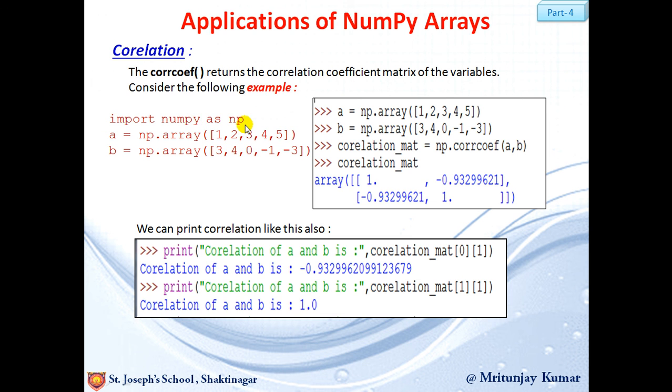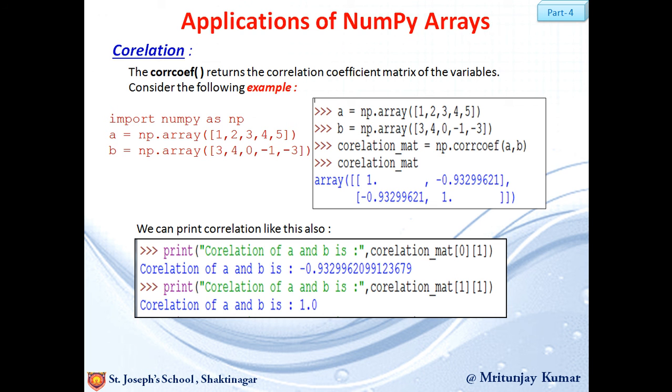Import NumPy as np, a is equal to np.array. There are 5 elements here. In the second array, b, there are 6 elements: 3 4 0 minus 1 minus 3. Now, how can we find the coefficient of the two arrays a and b?